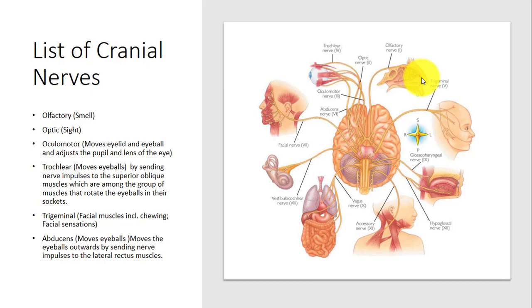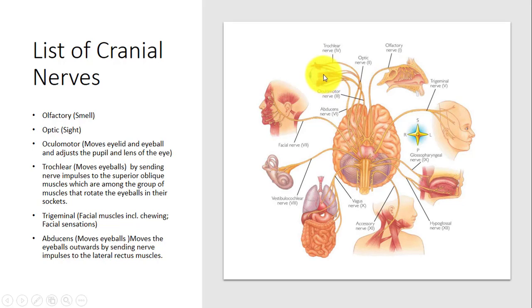Optic, which is sight. This one is about your vision, your ability to see. Then you have the next one, which is oculomotor. Over here, the oculomotor, number 3, is this nerve right here that is affecting these muscles.